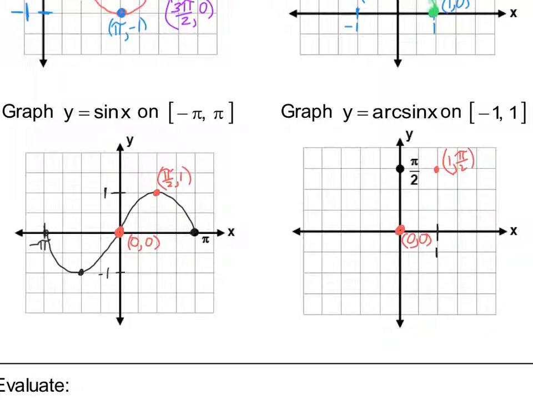So I'd look at this and say, well, I don't want anything past this red dot here because that would cause me to fail the horizontal line test. Because if it fails the horizontal line test here, it's going to fail the vertical line test there. Right? So that would be my indicator that I would actually want to stop here, or start here and stop there. All right? So the next and last relevant point would be right here, negative pi over 2, comma, negative 1.